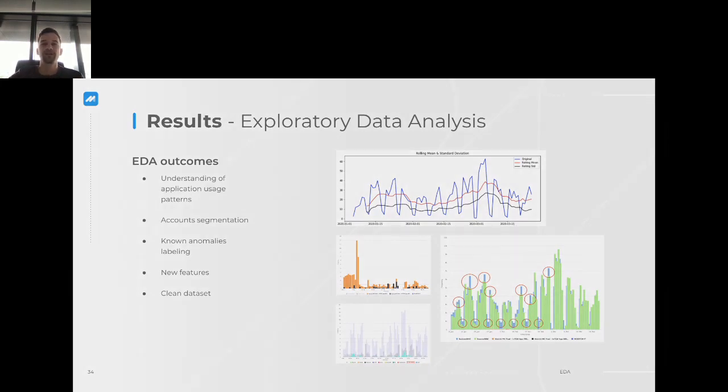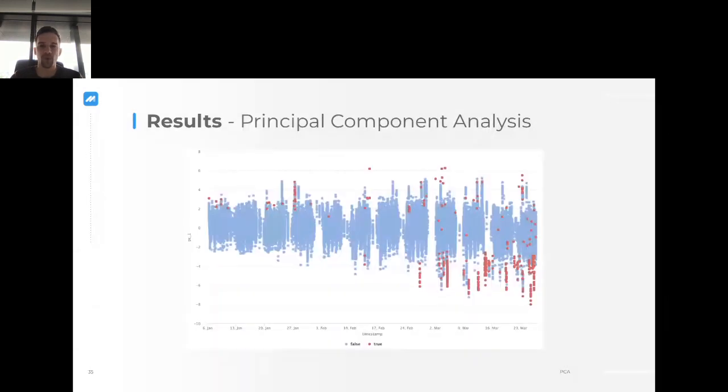For the principal component analysis, this is the scatter plot of PCA1, and the color is whether the data point is anomalous or not. But it's a known anomaly, the ones that we managed to communicate out with the subject matter expert, the countries, the status code, and so on.